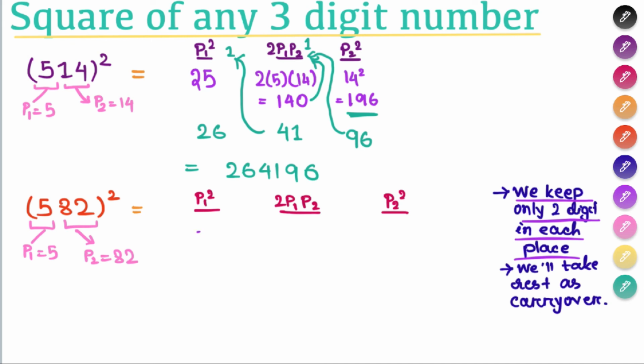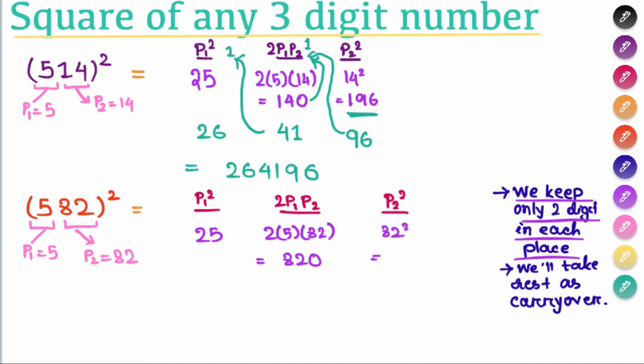Here P1 square will give us 25, 2 into P1 is 5 into P2 is 82, that will give us 820. P2 gives us 82 square.